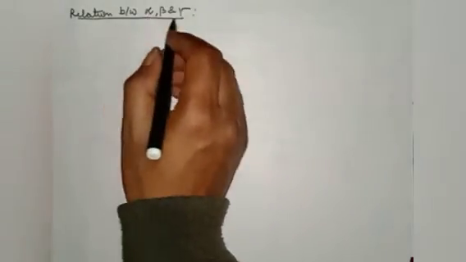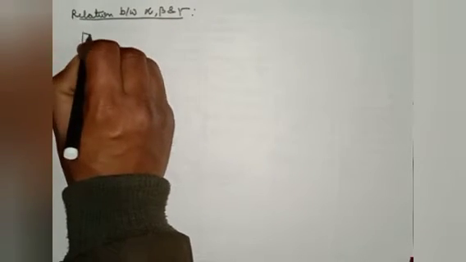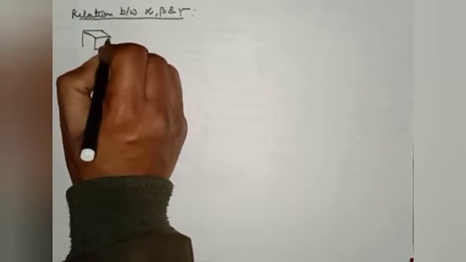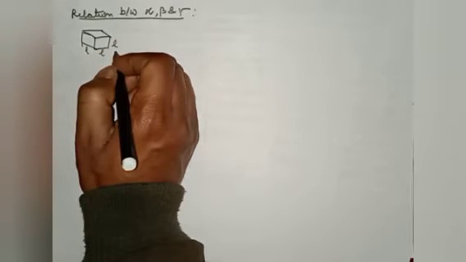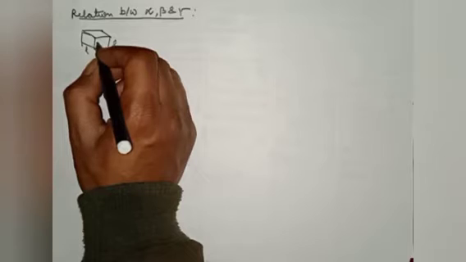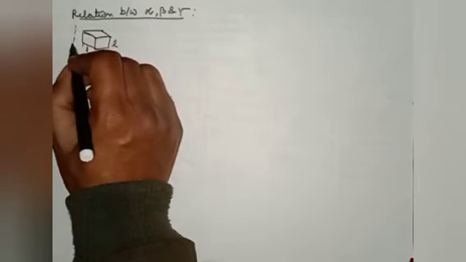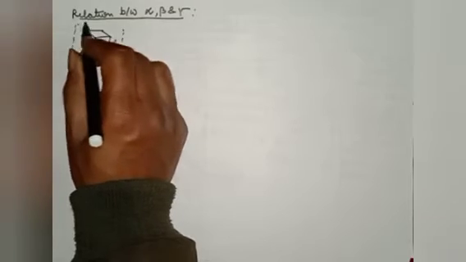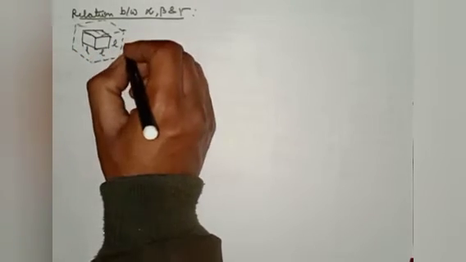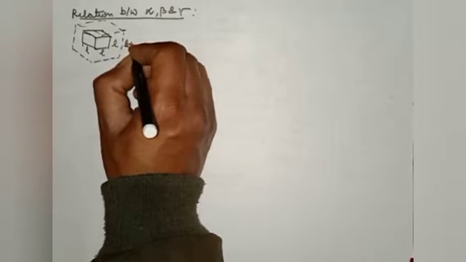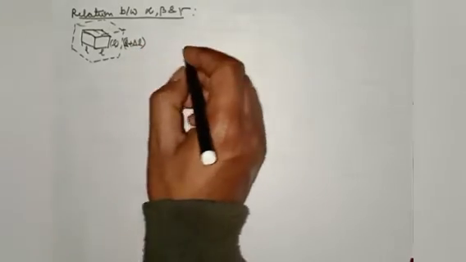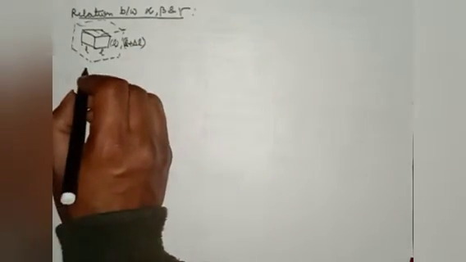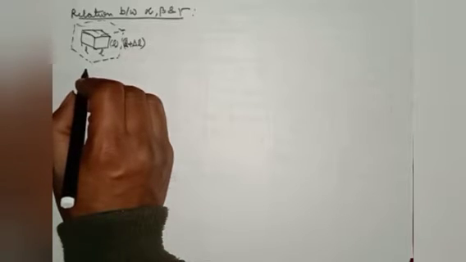Now, the relation between these expansion coefficients. We will consider the case of a cube, which is much easier. A cube of side, edge L. If we heat it, it gets expanded by this amount. Its length now becomes L plus delta L. So this is the initial length L, and this is the final length L plus delta L. We begin with that expression.